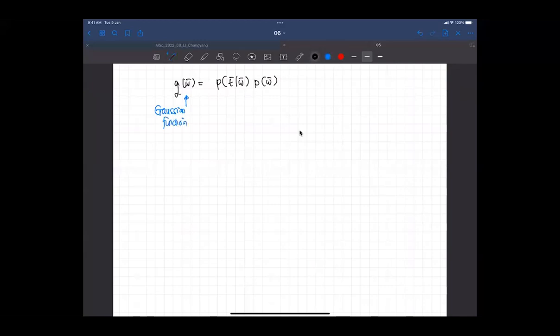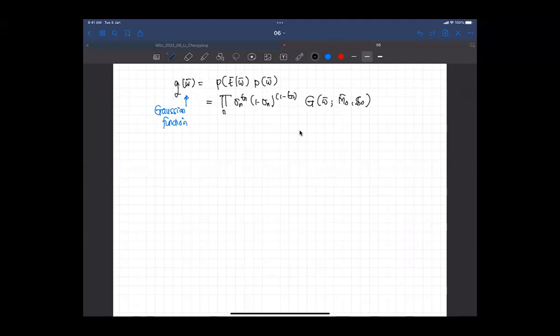And this one, we know that this is a sum over n of sigma n Tn, 1 minus sigma n, 1 minus Tn. And this one is a Gaussian of W and 0. Okay, so now how can we force it?